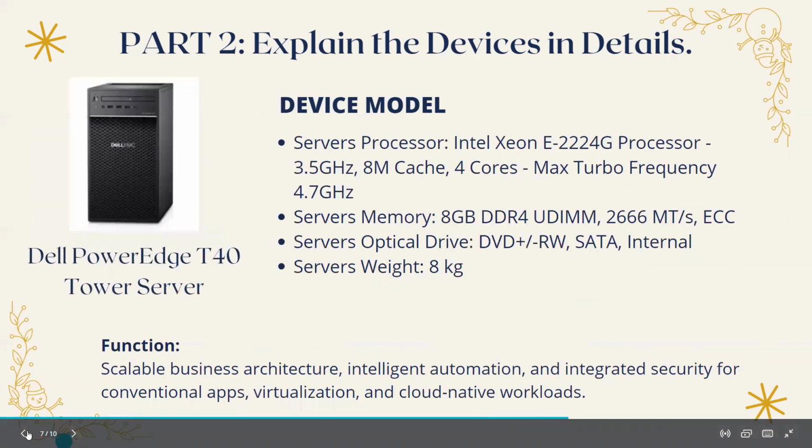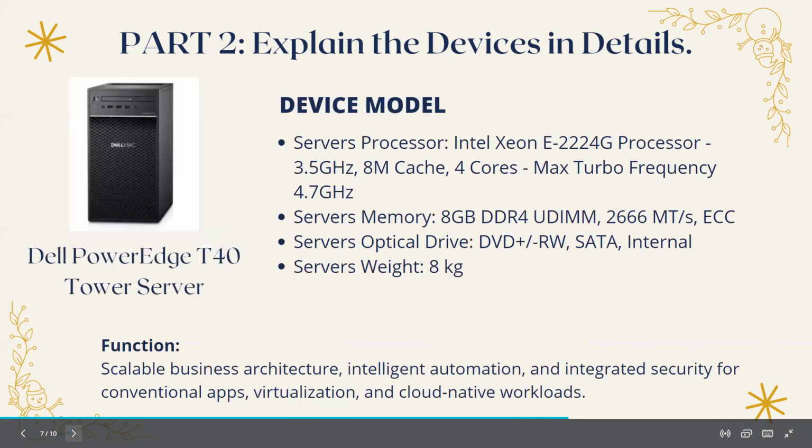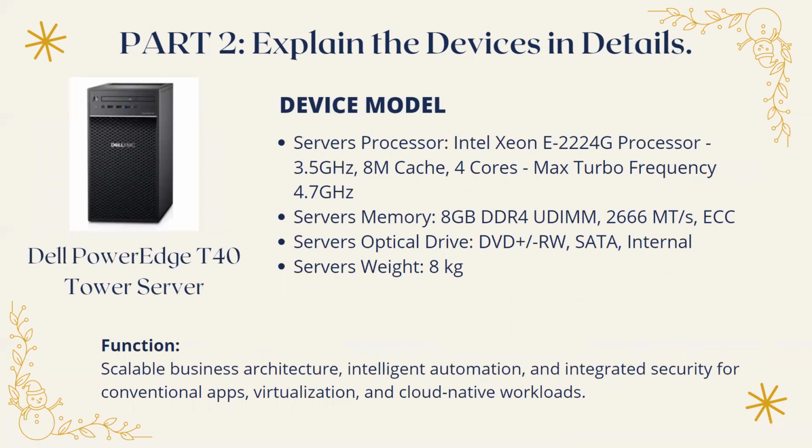Then we go to the Dell PowerEdge T14 tower server. For the device model, we have a server processor, Intel Xeon E-2224G, 3.5 GHz, 8M cache, 4 cores, max turbo frequency 4.7 GHz.